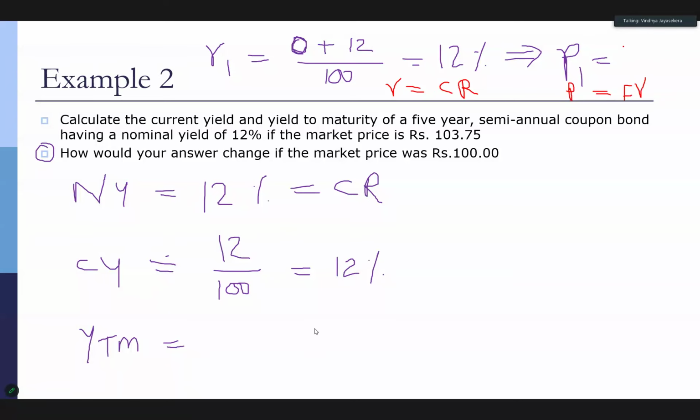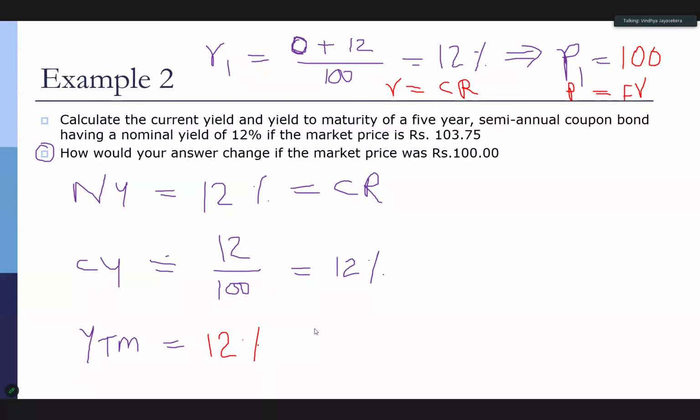So without calculations, we can say P1 is 100. So what is the YTM? It is 12%. Without calculations, you should get the same answer, that it is 100, other than rounding error, right?